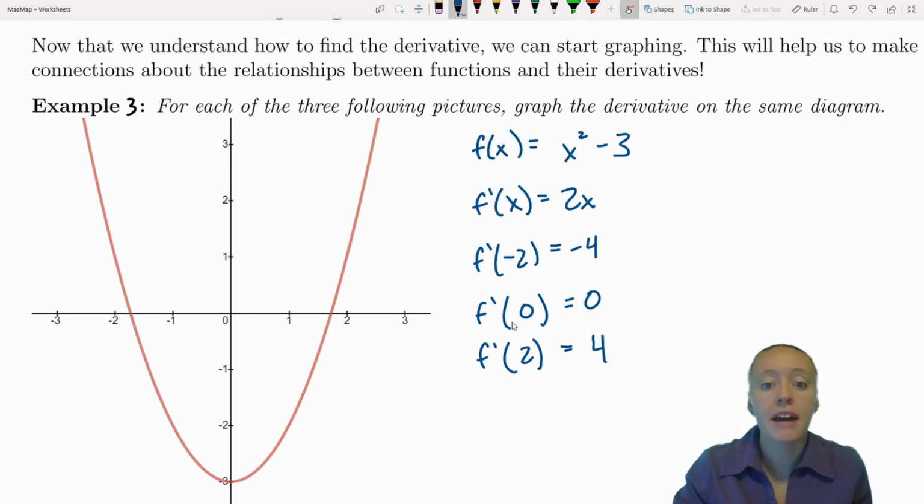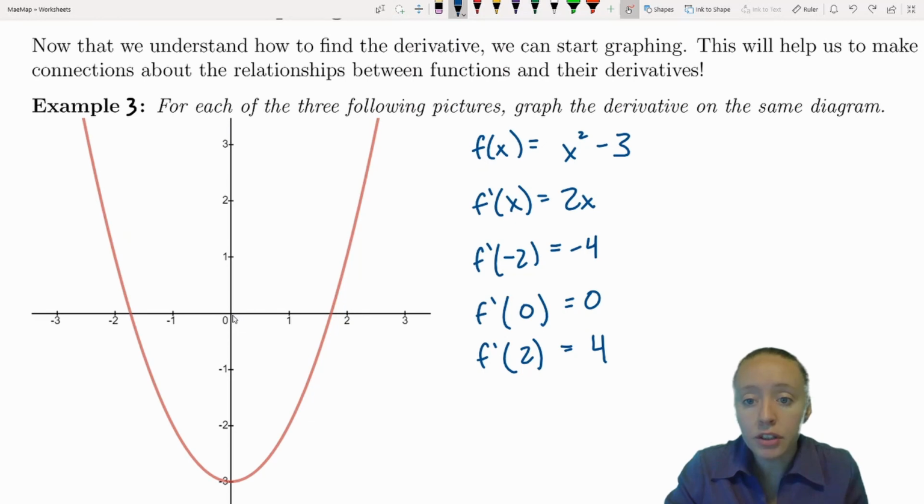We confirm that: f prime of 0. When x is 0, we're at -3 for our function, but our derivative is 0. So to fill out this derivative graph, I'm going to plot 0, 0. I'm also going to plot the point -2, -4, because when x was -2, the tangent line had a slope of -4.